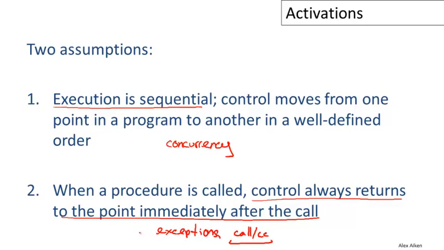In particular, if you're familiar with catch and throw style exceptions in Java and C++, when we throw an exception, that exception might escape from multiple procedures before it is caught, and so there's no guarantee when you call a procedure, if that procedure can throw an exception, that control will ever return to the point immediately after the procedure call. Now we're going to keep these assumptions for the rest of the class.